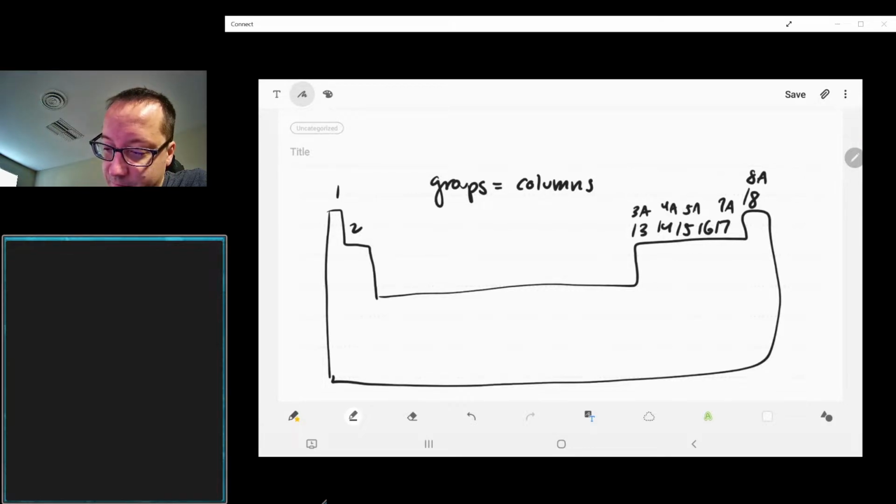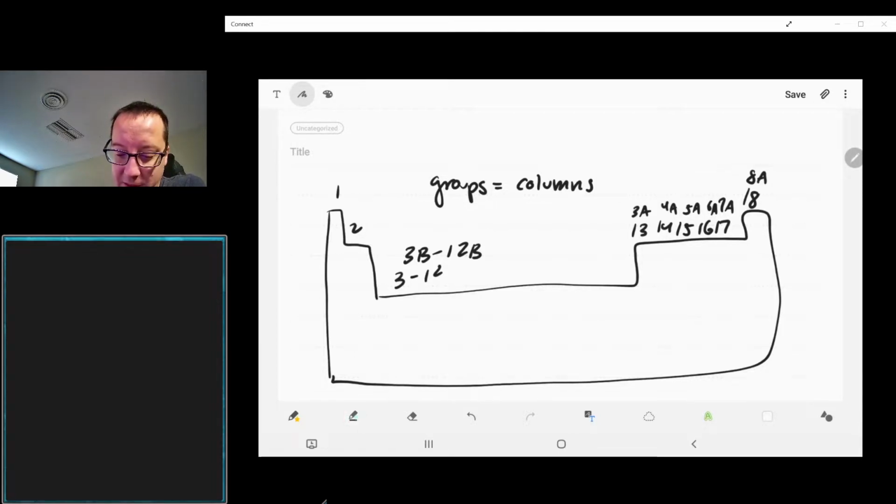But they're all similar. In here you'll have either 3 through 10, 3 through 12, or 3B and so on, and you'll have all this crazy stuff going on for the transition metals. I guess we don't know what transition metals are yet, but we'll learn that right now.